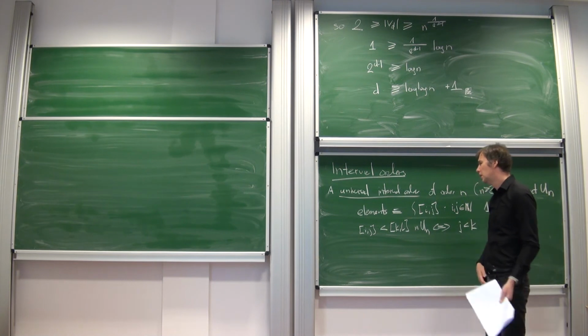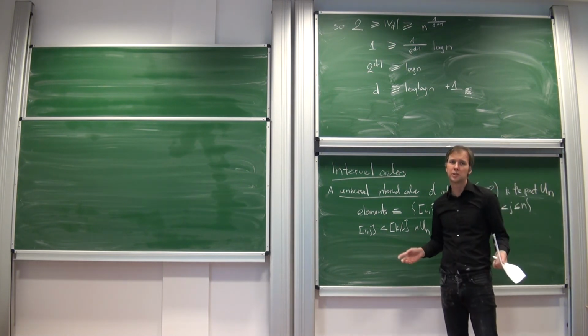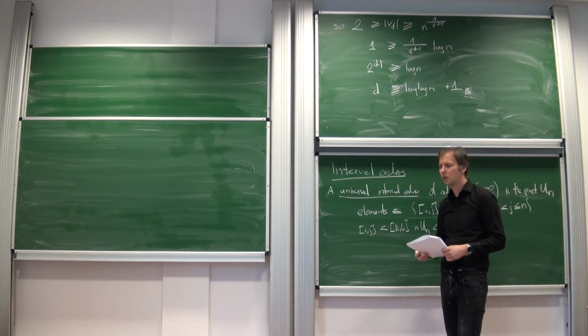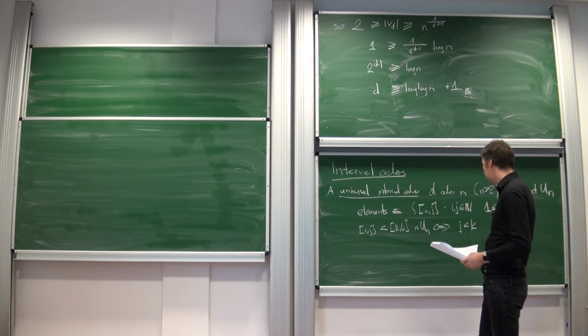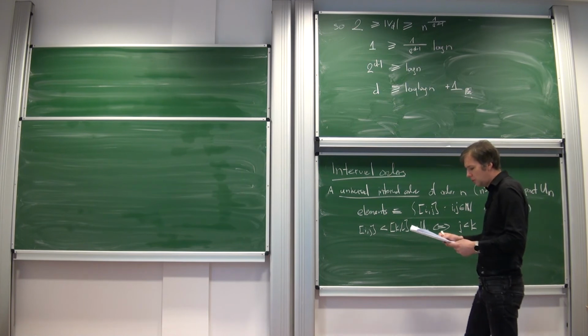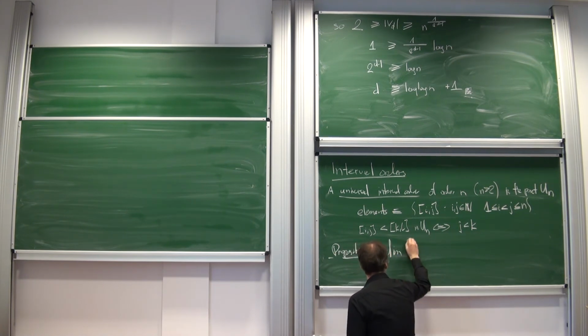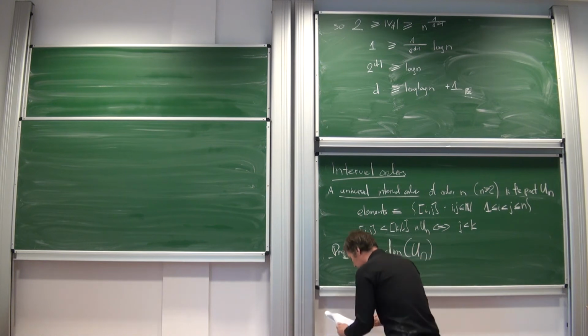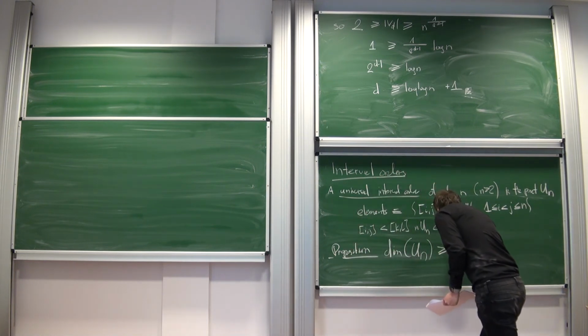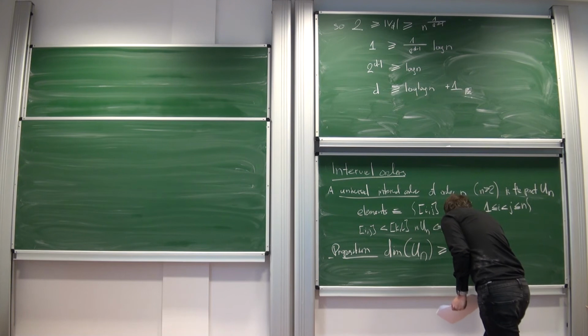The universal order on open intervals also has large dimension, but it's nice to have them closed here. So our proposition here is as simple as that: the dimension grows. The dimension of Un is at least log n.